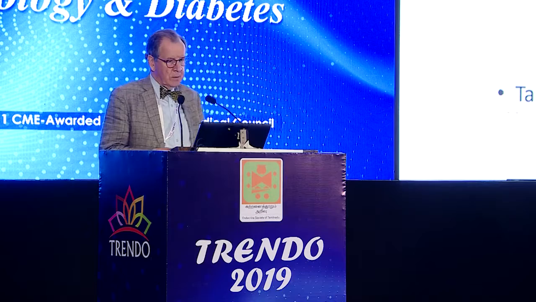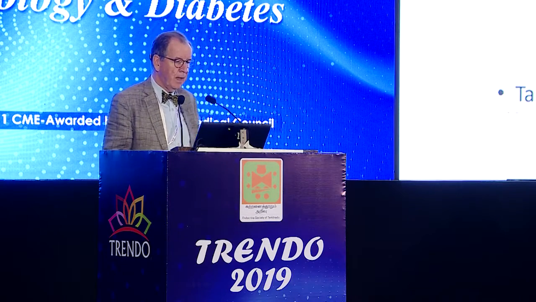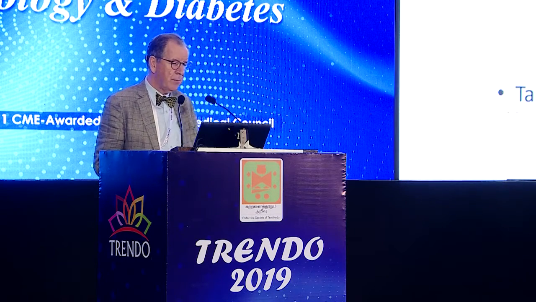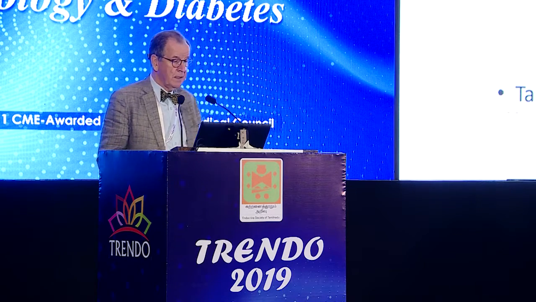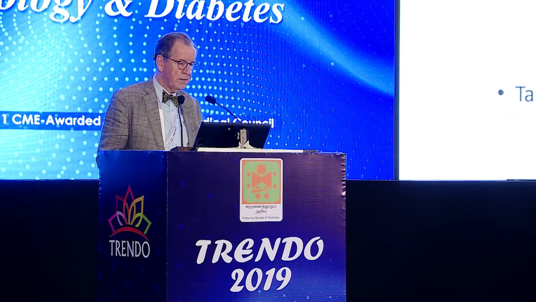The second study was one performed in the USA by Landon, similar numbers of women to ACHOIS. This time the entry criteria used a 100-gram oral glucose tolerance test with these levels of blood glucose, which are very, very similar, in fact, to the levels in the current definition. I'll come back to that later on.